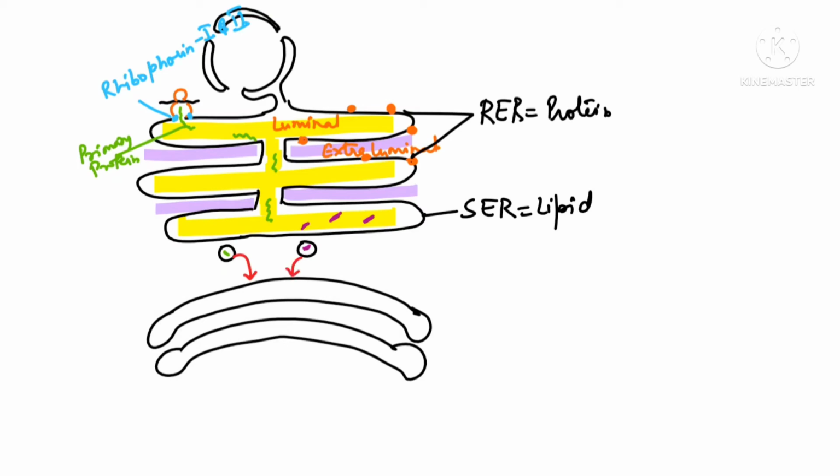The Golgi is getting the protein from the rough ER and the lipid from the smooth ER. Now to this, they can add sugar. If they are adding sugar to protein, you will say they are making glycoprotein. If they are adding sugar to the lipid, we will say glycolipid. So glycoprotein and glycolipid formation is done by the Golgi.